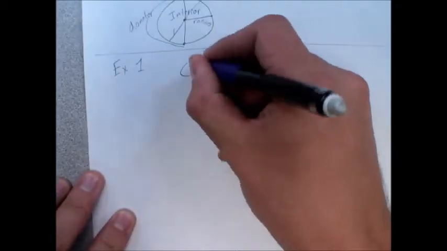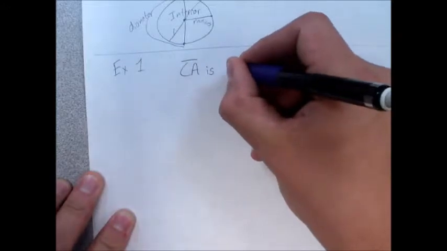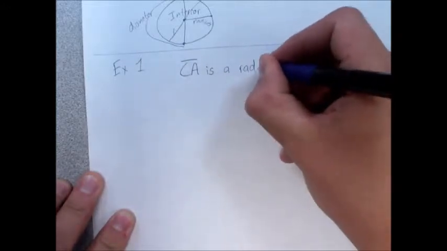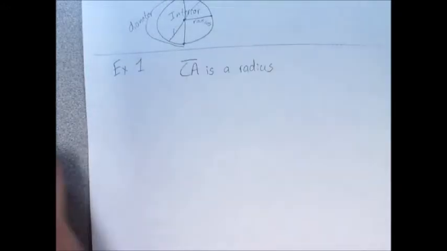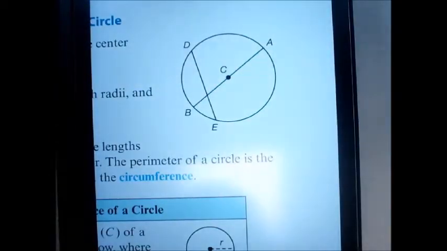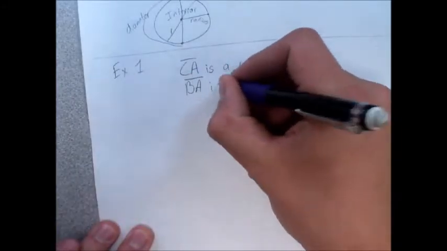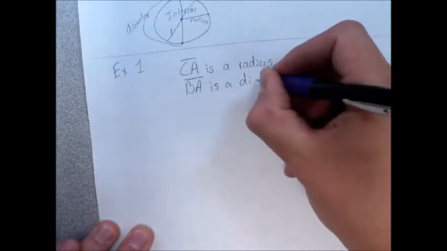So in your notes, we should say segment CA is a radius. And here I say, what is segment BA? Diameter, right? So segment BA is a diameter.